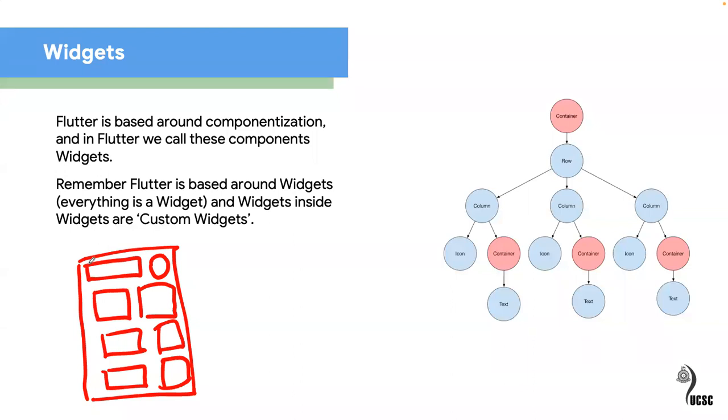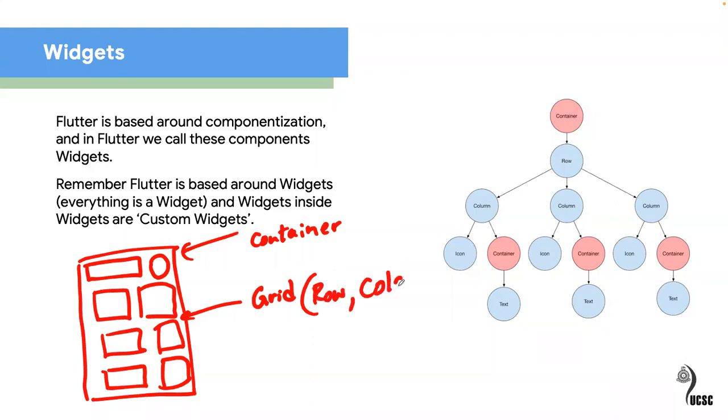What we have basically on top of this is a container for sure. Then inside this, most of the time, it will be a grid, or instead of a grid you can use a row or column.